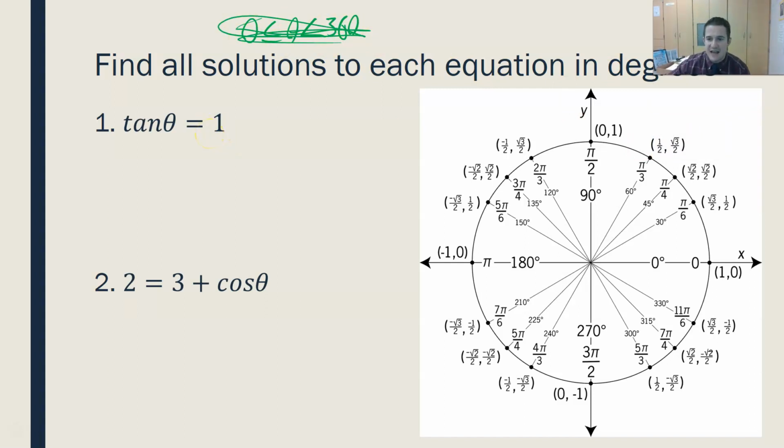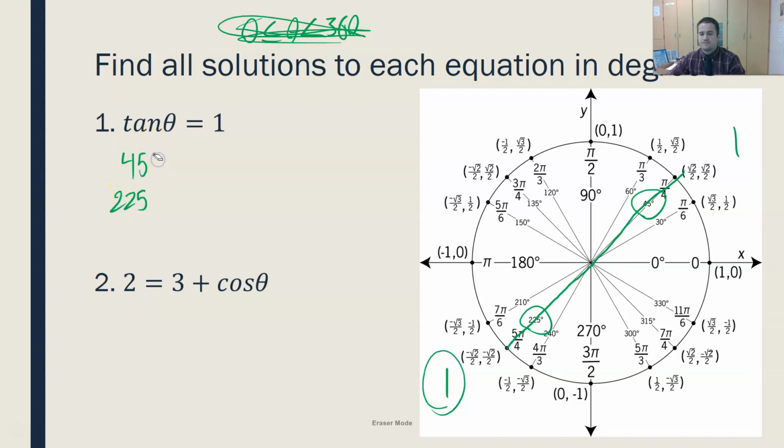Where does the tangent of theta equal 1? It's not written on my unit circle, but it might be on yours. Tangent equals 1 right here and right here, which is at 45 degrees and 225 degrees.